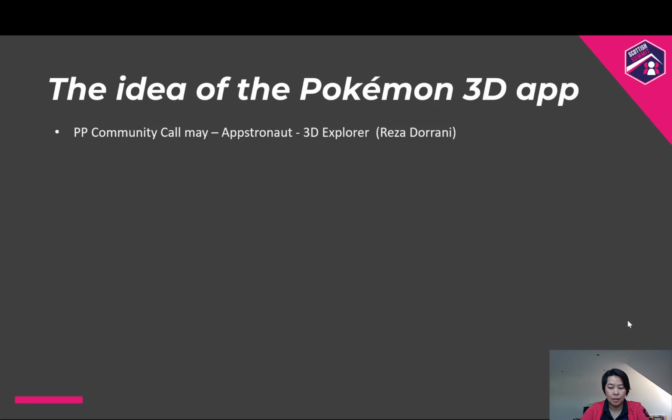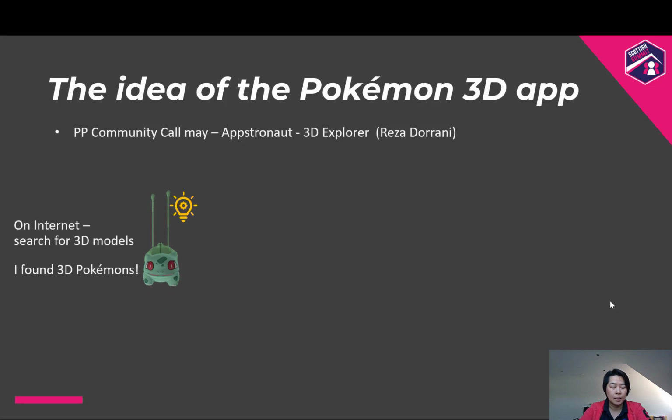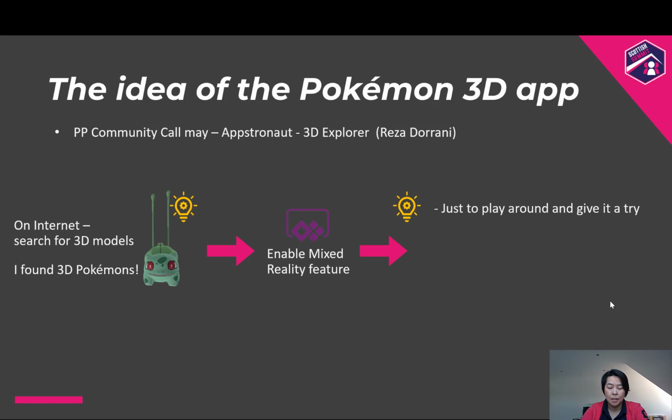Then I started thinking, hey, maybe that's a good feature, and it's good to know how to play with this new component. So I did a search on the internet for 3D models, and I found 3D models pre-built for me. They were free sources you can download. So it brought me to an idea. I enabled the mixed reality feature in Power Apps, and then I just played around and gave it a try.